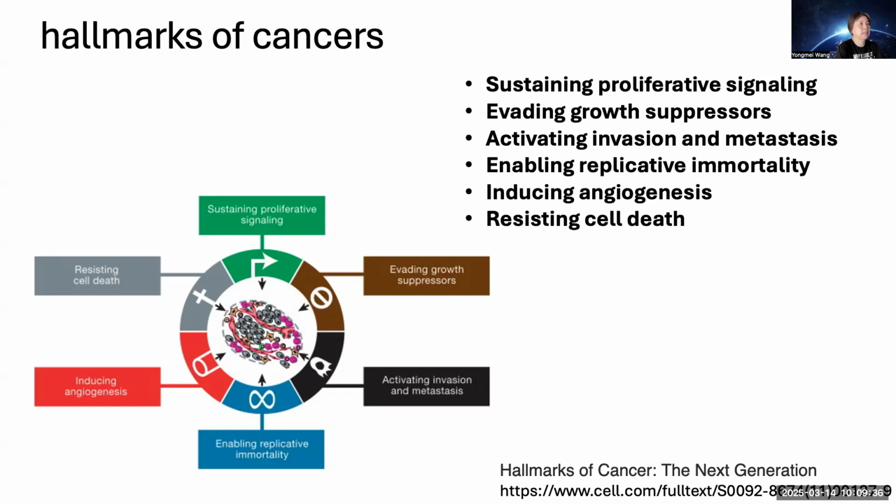It's like escaping the program the cell follows. And another important thing is called inducing angiogenesis. Now, to me, all these words didn't mean anything when I first saw them. Angiogenesis is one word that I really looked into, to see what it means. It means that the cancer can grow blood vessels inside it so that it can get nutrients more efficiently.